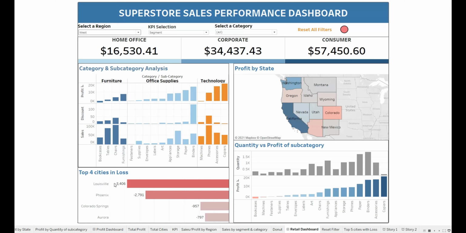Top four cities in loss is Louisville, followed by Phoenix. Then we have quantity versus profit. We can see for bookcases the quantity is also not that much. So the demand is not that much, and the supply is also equivalent.